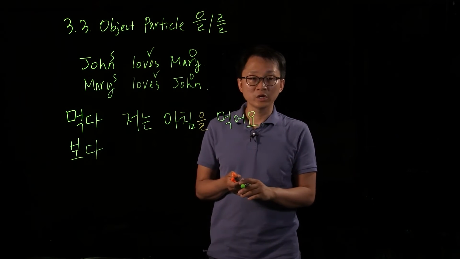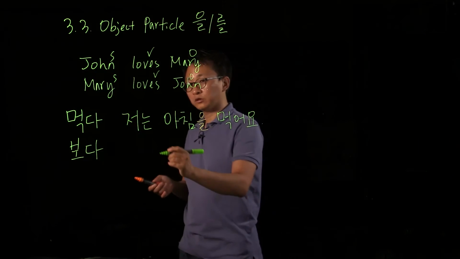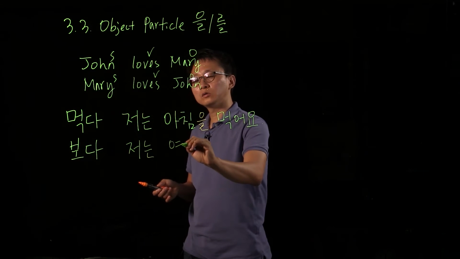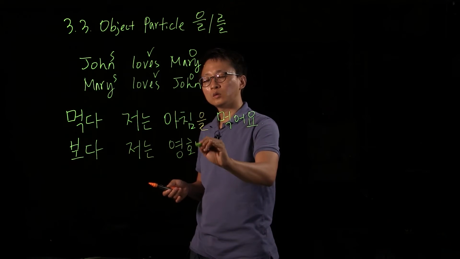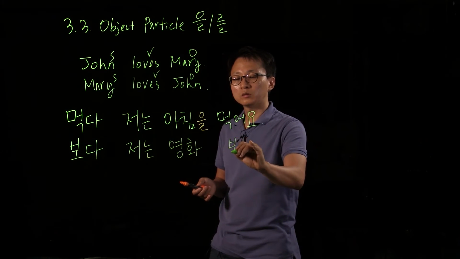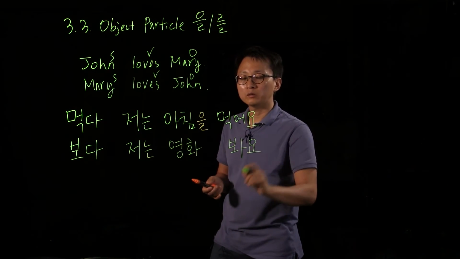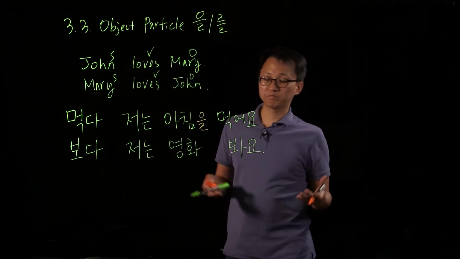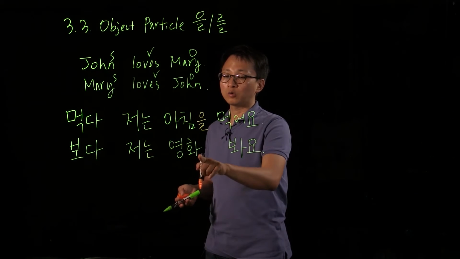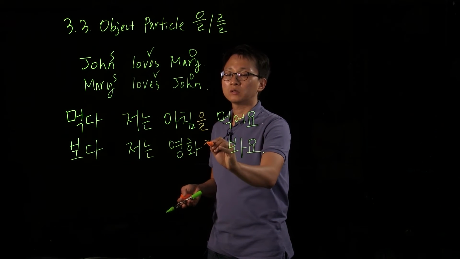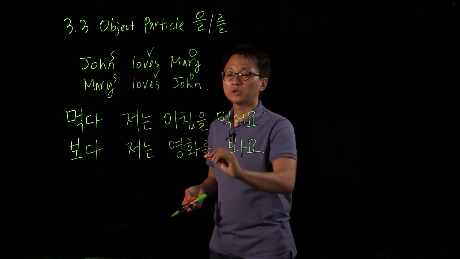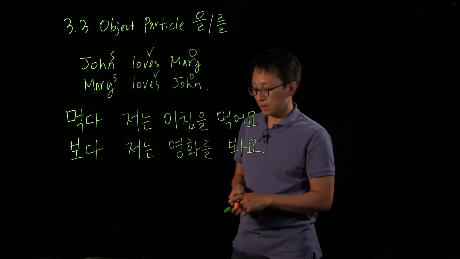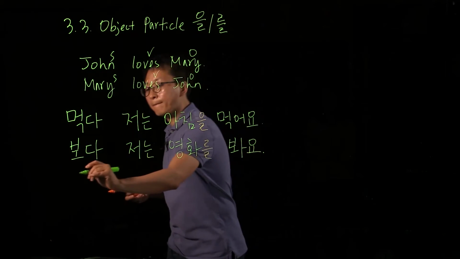Then what's the word movie? 영화. 그렇죠? 저는 영화 봐요. Actually, it sounds okay, but let's speak more accurately. 저는 영화, there's no consonant, then you use this form. 저는 영화를 봐요. 영화를 봐요. Okay.